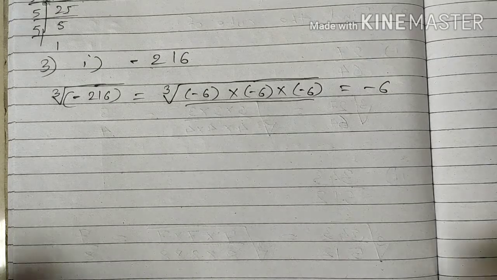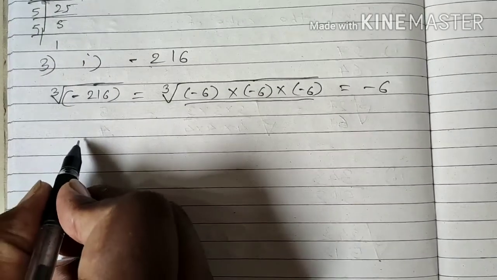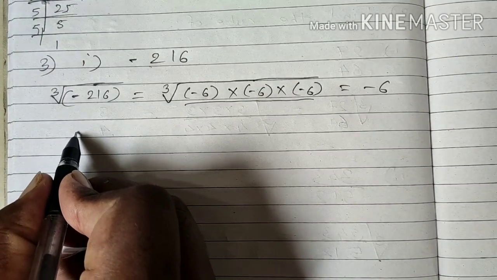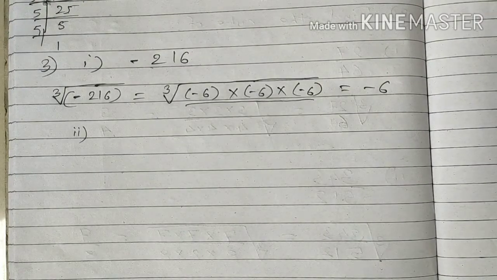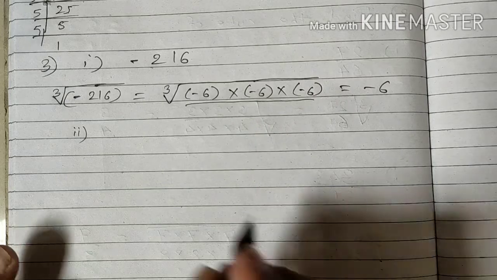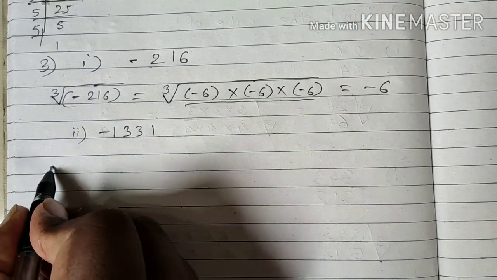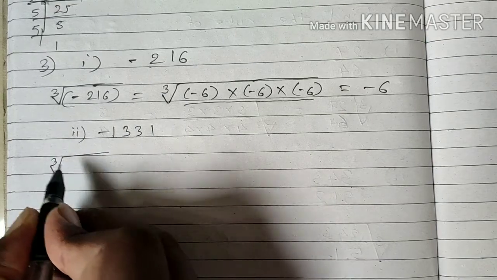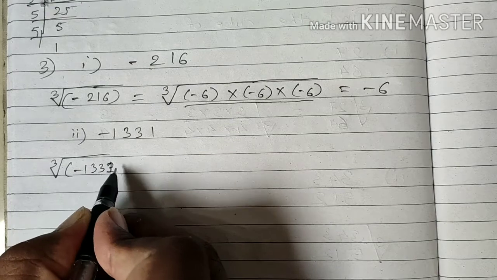Similarly, suppose the second part we are solving here. Suppose we want to find out the cube root of minus 1331. So write the given number under the root sign in this way.